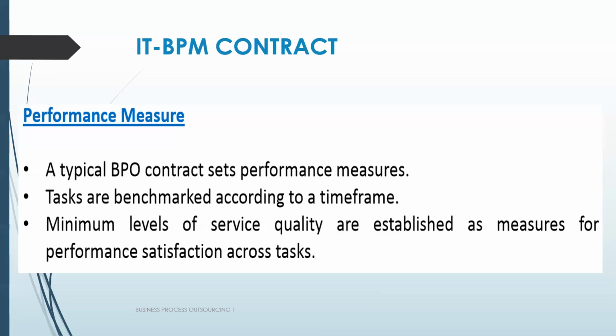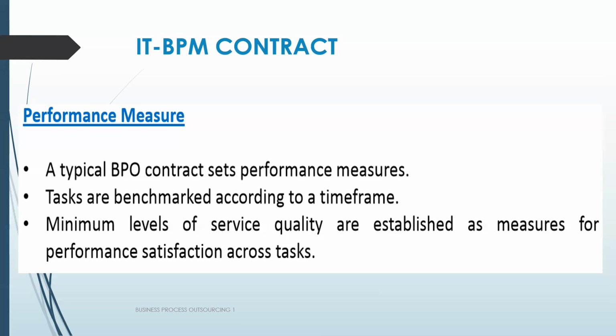Like I said, minimum levels of service quality are established as measures for performance satisfaction across tasks. Let's just say you have to resolve a certain problem in 5 minutes. That is the minimum level of service quality. And probably they have 10 minutes in case the problem should escalate further because the customer is not satisfied.